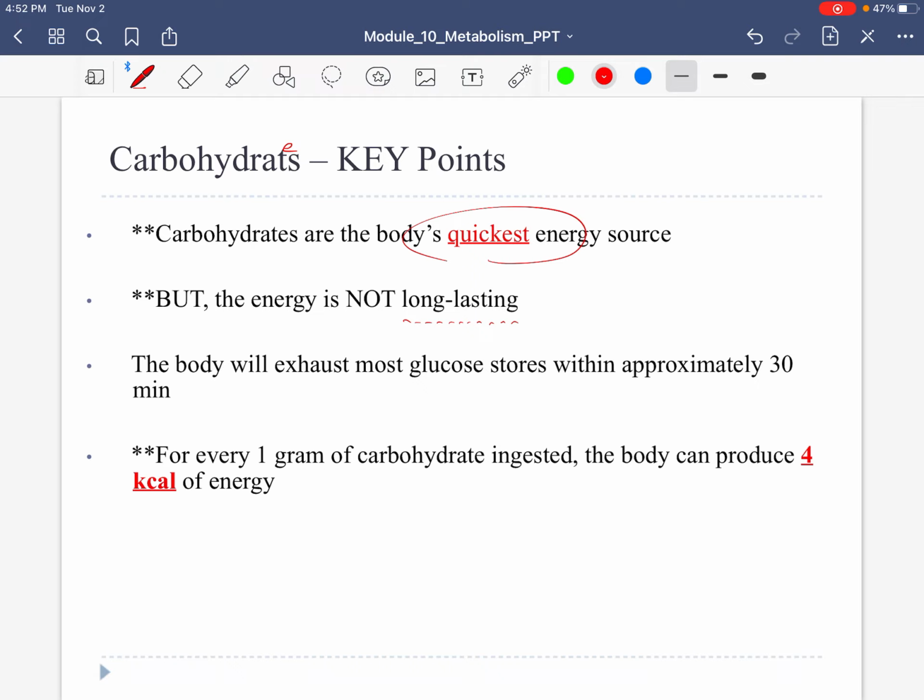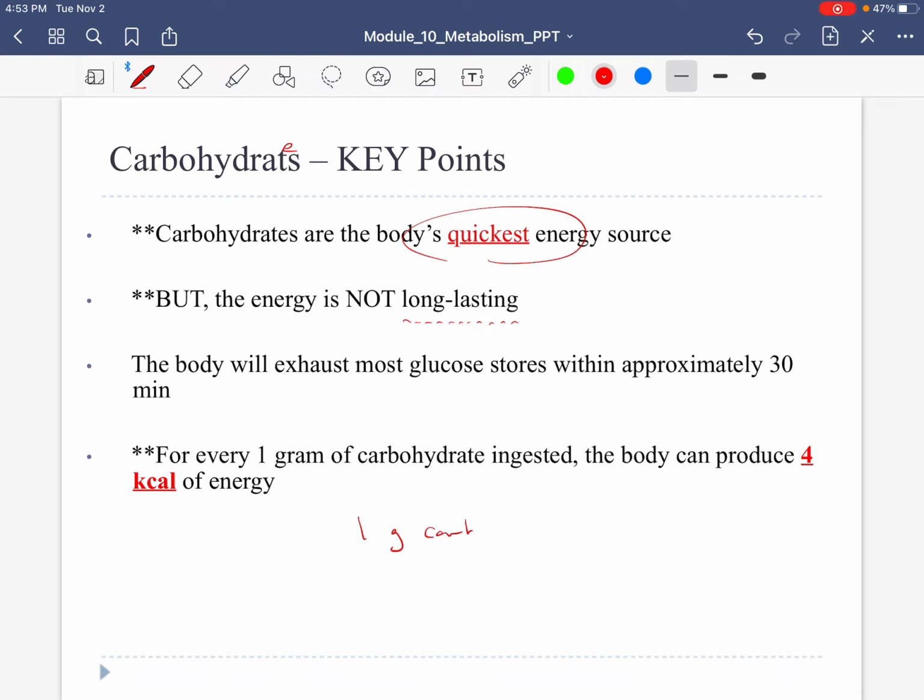If we talk about this in terms of not just ATP, but kilocalories of energy, it's just a different unit. ATP is an energy source for the body, but it's kind of hard to wrap your head around. What is 36 ATP? What does that really mean? Well, for every 1 gram of carbohydrate, we can produce 36 ATP, and that's basically the equivalent of 4 kilocalories of energy.